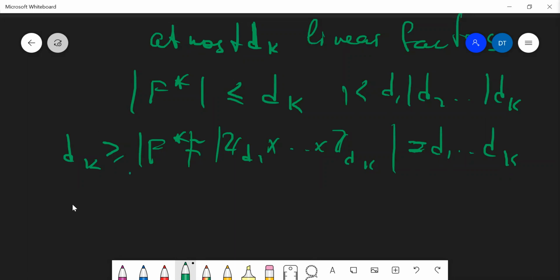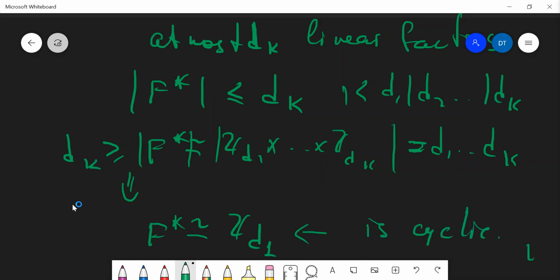So from this, it follows that F* is actually isomorphic to Zd with one factor. And this means that this thing is cyclic. And we're done. So this is how you prove this.